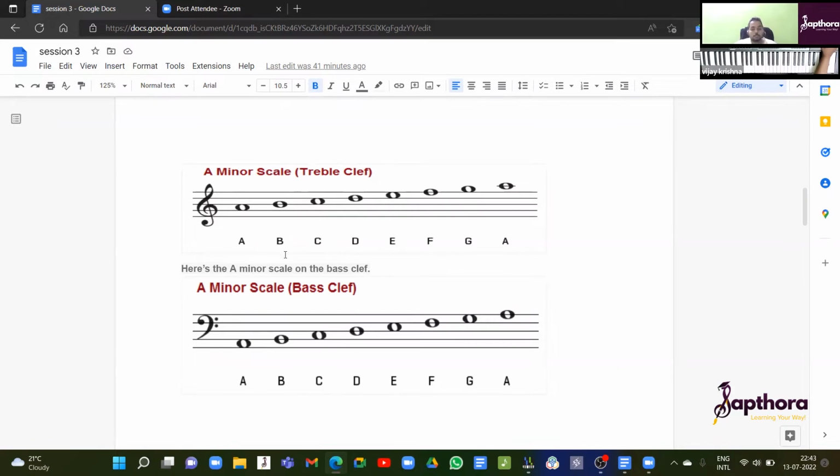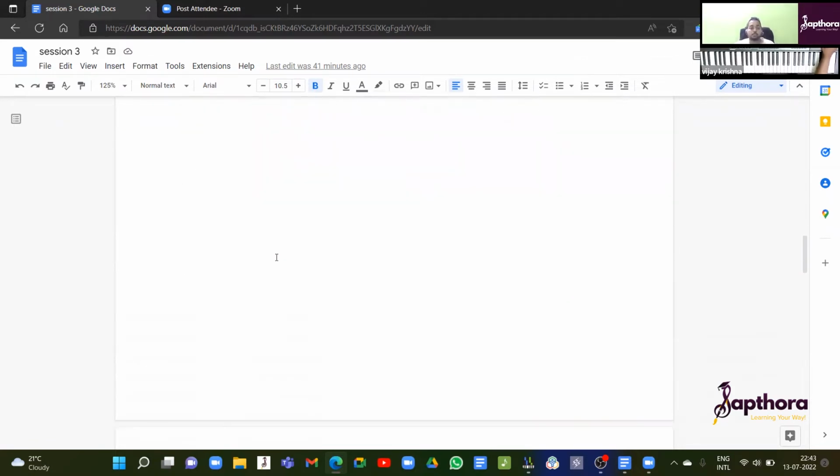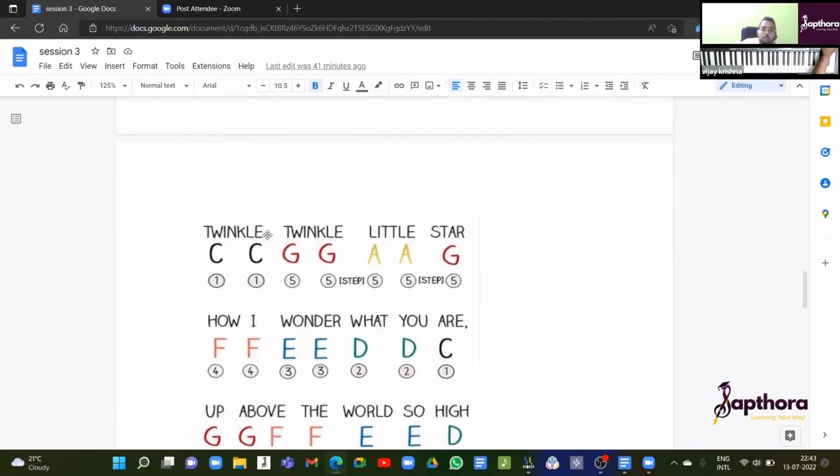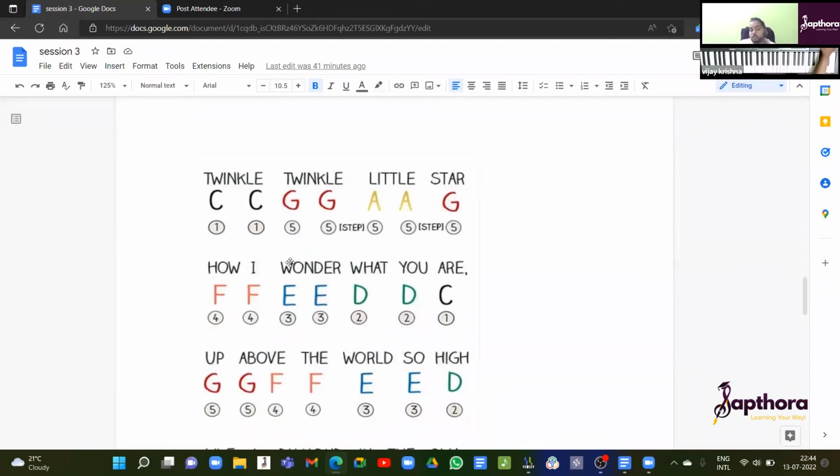So today our second topic is the song Twinkle Twinkle. So before going to play Twinkle Twinkle, this is actually related to the C major scale again. Because all the white keys that we play in the C scale we will use for this lesson except the B note.